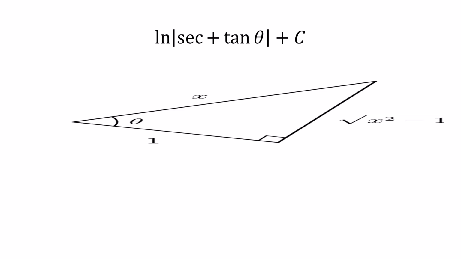Using the triangle to rewrite everything back in terms of x gives a final answer of ln absolute value of root x squared minus 1 plus x plus c.